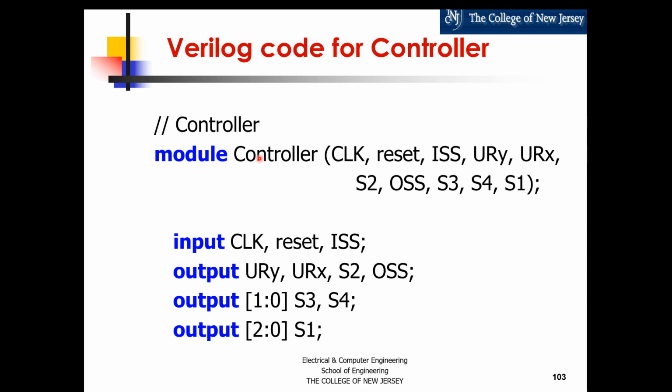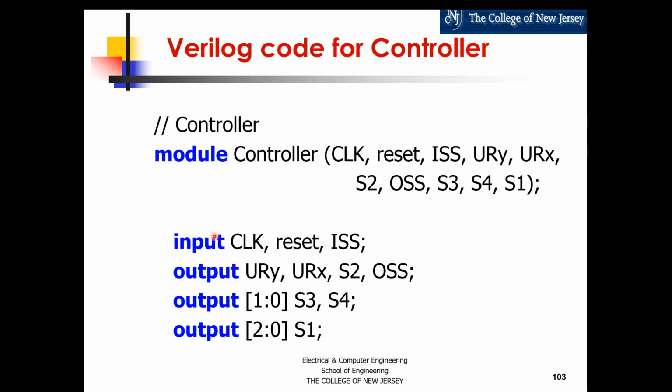So I know that my controller is going to have a clock and a reset. I said it will have the input ready signal. And then we discussed these control signals for the data path: update Y registers, update X registers, the select lines, and the output to tell the next entity downstream that the output is valid.